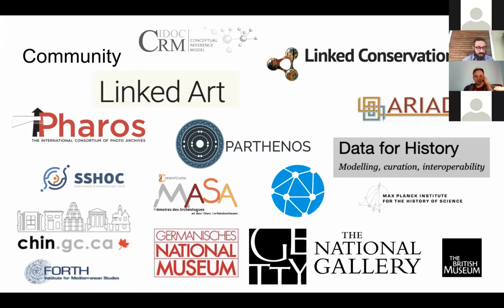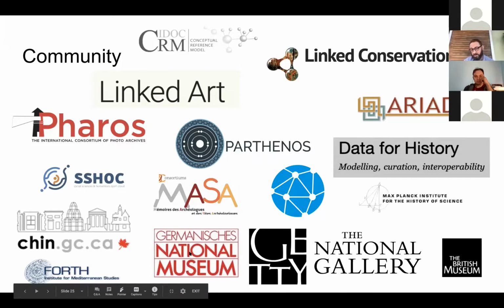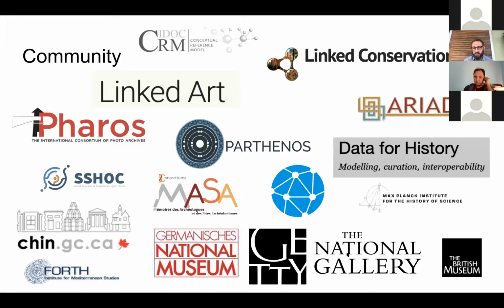And then the last category to talk about is at an institutional level. I have these icons here of the German National Museum, the Getty, the National Gallery, the Max Planck Institute for the History of Science. These are all examples of institutions which have different data structures which they need to manage over time, and especially they have a lot of research data that doesn't fit into a collection system, a library system, or an archive system.